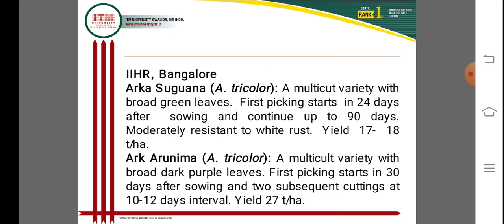Arka Suguna is a variety developed from Amaranthus tricolor. It is a multi-cut variety with broad leaf area. The first picking starts 24 days after sowing, which is a very early harvest, and continues for up to 19 days.